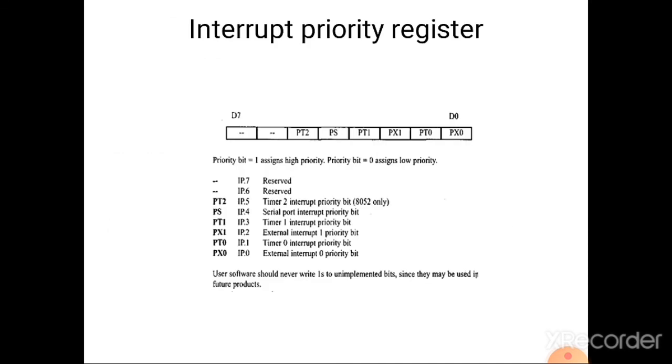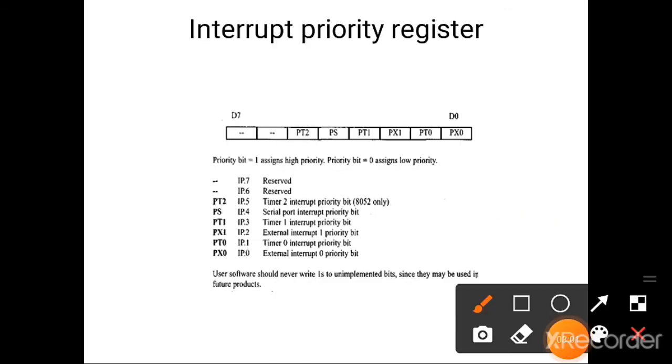Here is the interrupt priority register, where bit 1 assigns higher priority and bit 0 assigns lower priority. The first bits IP7 and IP6 are reserved, and IP2 is the timer 2 interrupt priority, which is not used in 8051.